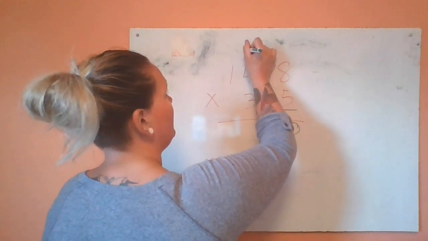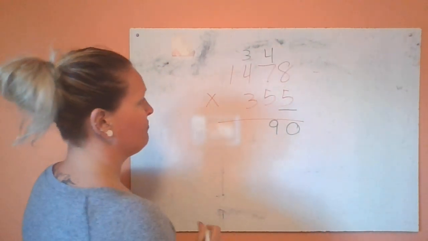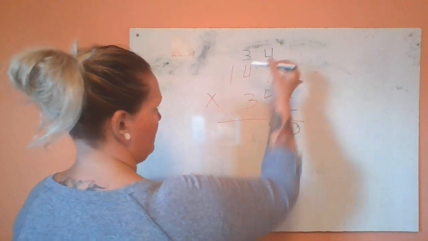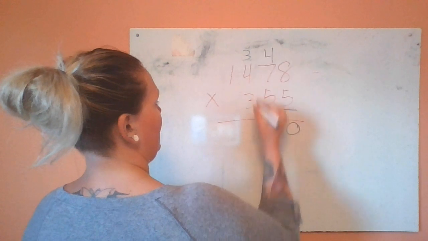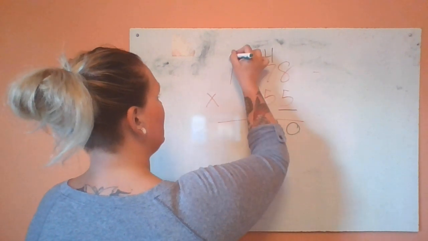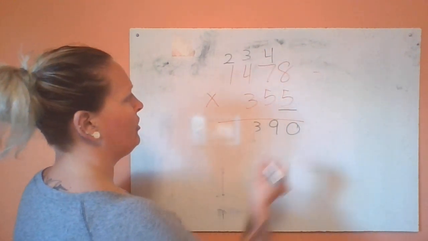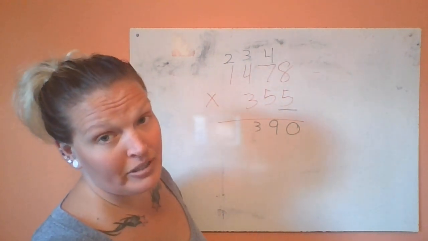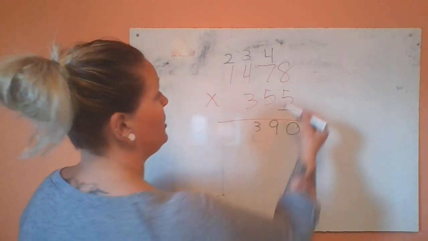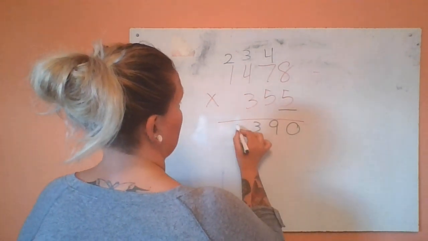So 9 goes here, and 3 will come up here. Then we do 5 times 4: 5, 10, 15, 20, but I have to add my 3, so 3 goes here, 20 gets carried. 5 times 1, we all know any number times 1 is itself. So 5 times 1 is 5, plus 2 is 7.